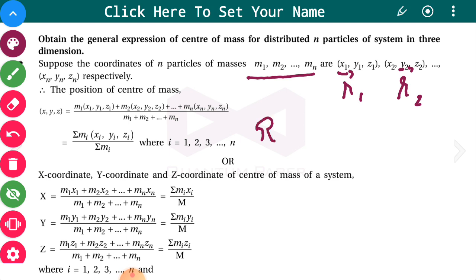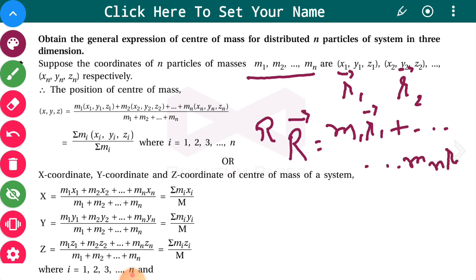Then we can write the position vector of the center of mass in general as vector r is equal to m1 r1 plus up to plus mn rn, upon m1 plus m2 plus up to plus mn.